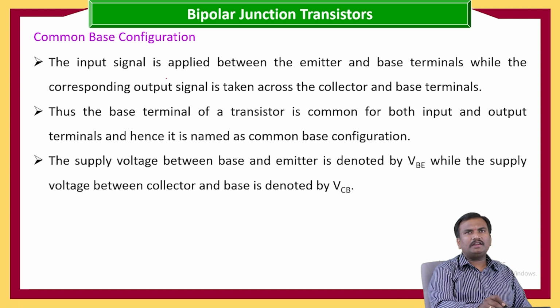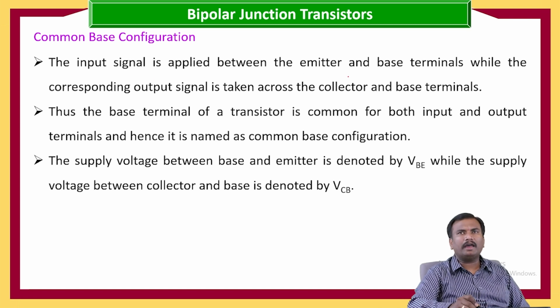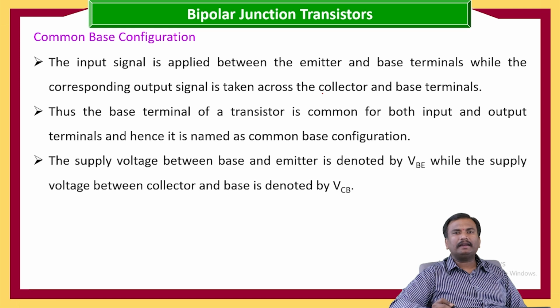The input signal is applied between the emitter and base terminals, while the corresponding output signal is taken across the collector and base terminals. Thus, the base terminal of the transistor is common for both input and output. Hence, it is called common base configuration.